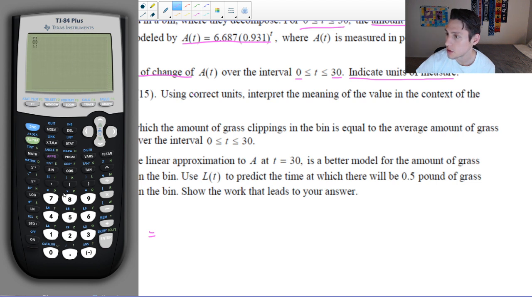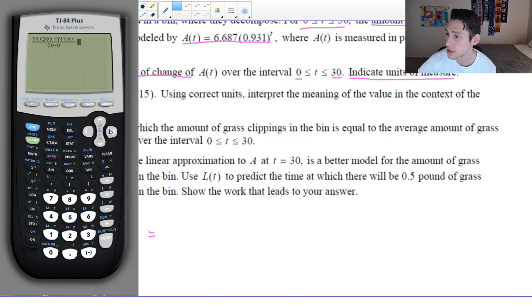So I'm just going to do the whole average rate of change formula here. So A of 30, so alpha trace y1 of 30 minus alpha trace y1 of 0, divided by 30 minus 0.